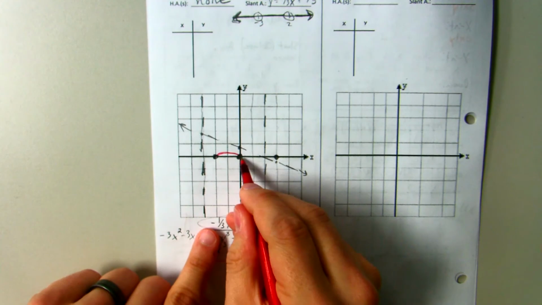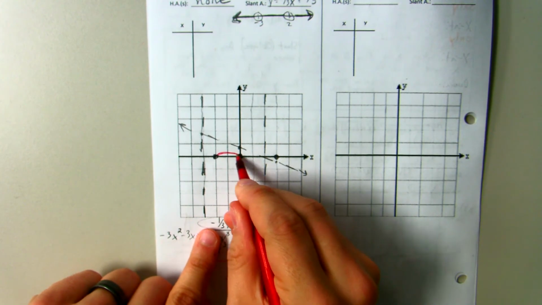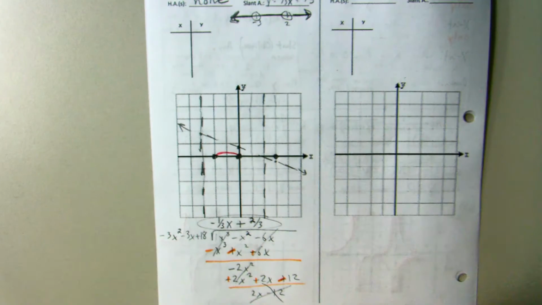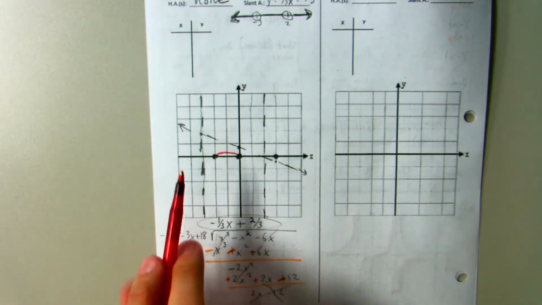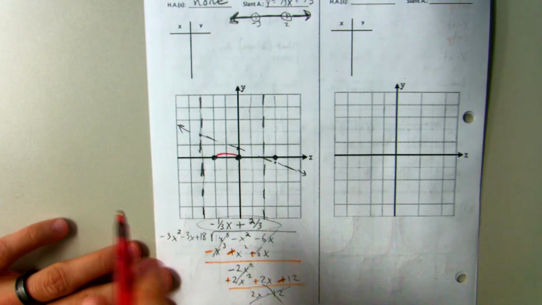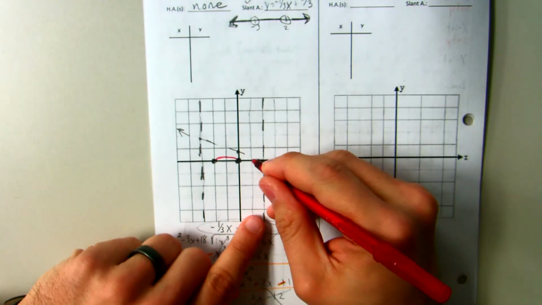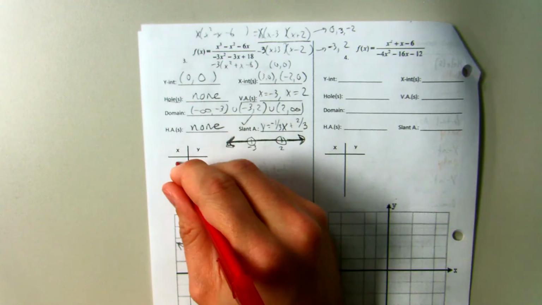I put a little bit of arch here because if it's going this direction, well, I guess I better plug in at least one more point. Let's plug in when x is 1. I'm going to figure out what's going on here.